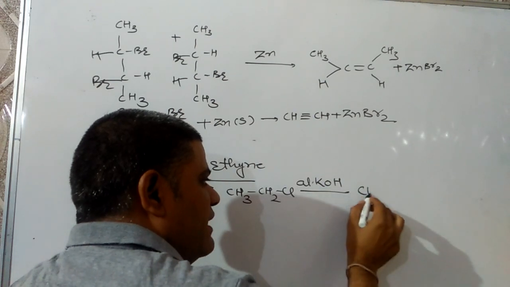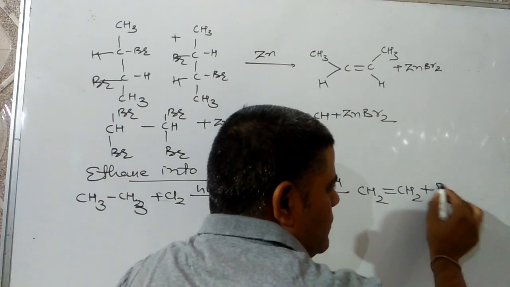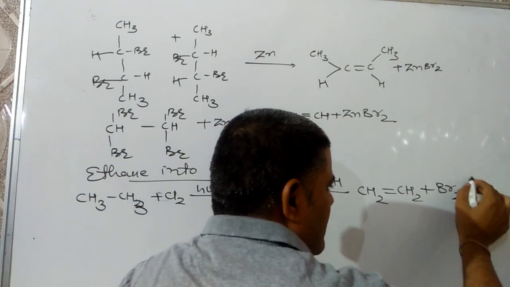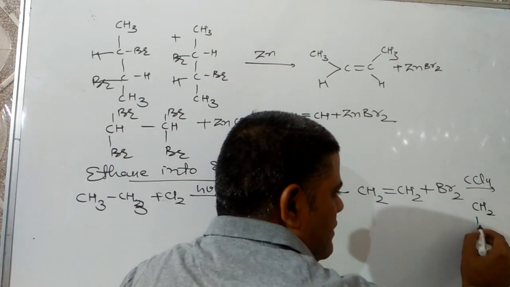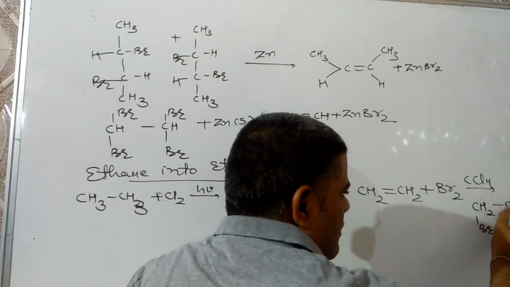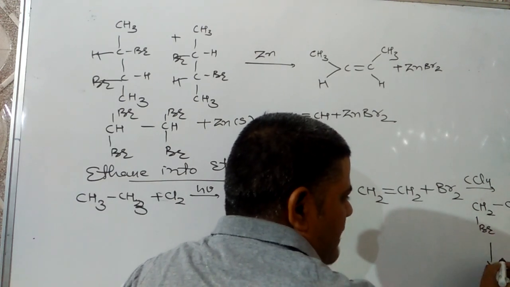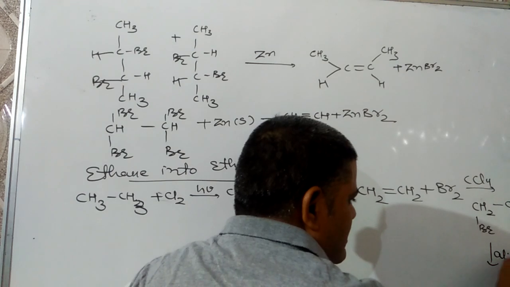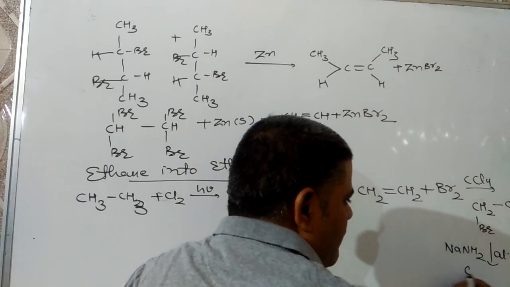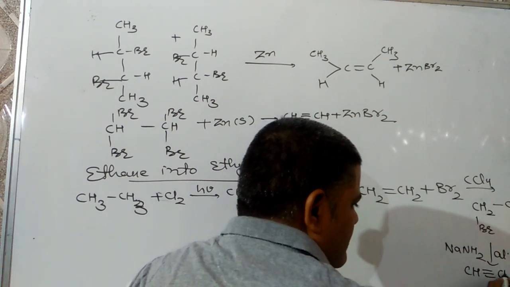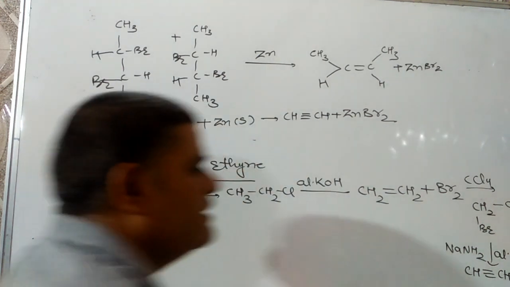The product will be ethene, and then ethene reacts with Br2 in the presence of CCl4. Here the product will be 1,2-dibromoethane, and then that reacts with alcoholic KOH in the presence of NaNH2. Then the product will be ethyne.